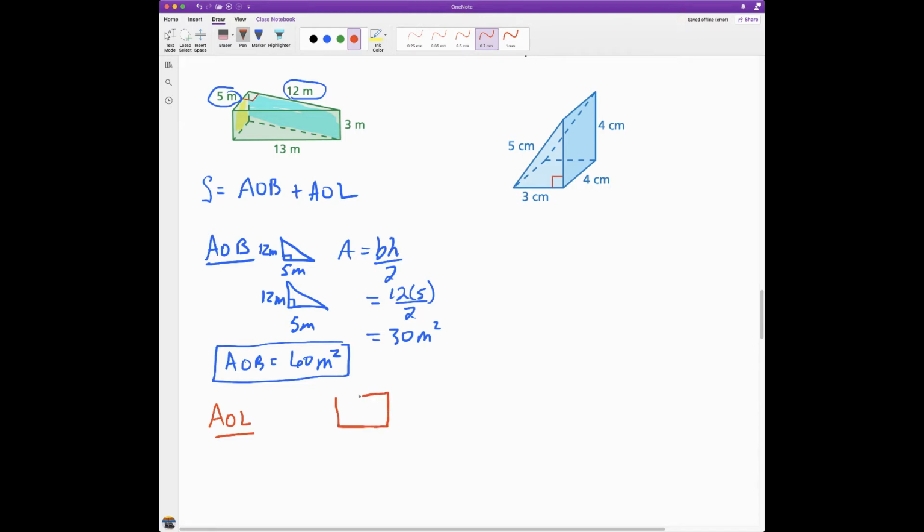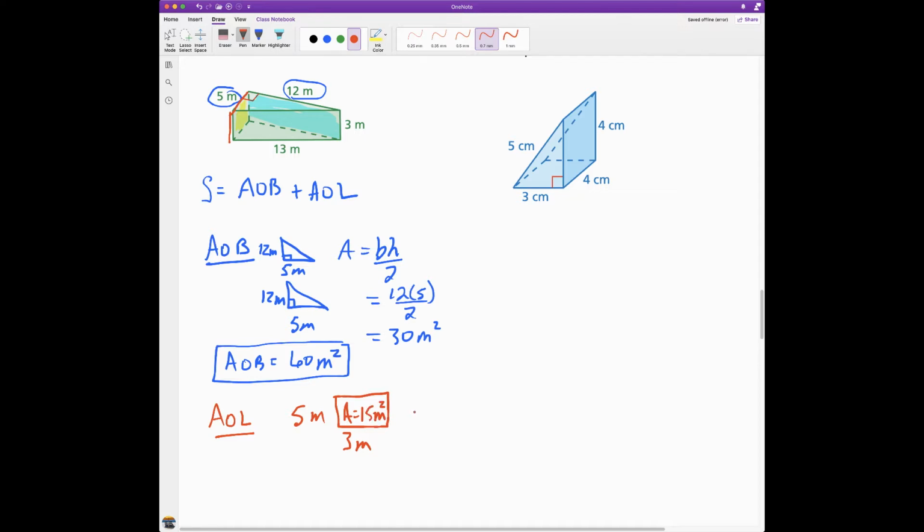One of them has a side length of 5 meters by 3 meters. So this would be, let's see, 5 by 3. So that area is 15 meters squared.